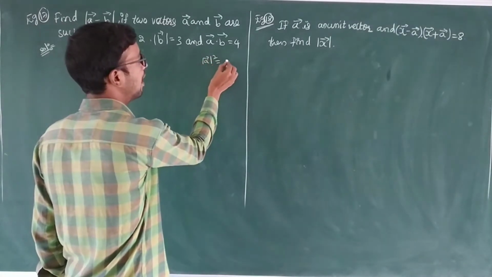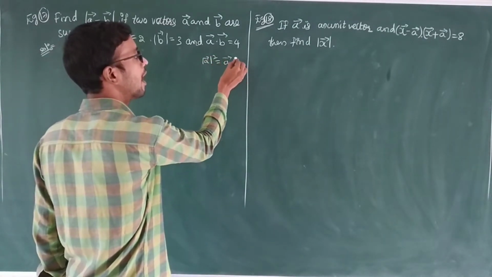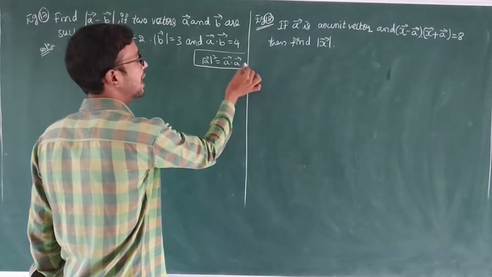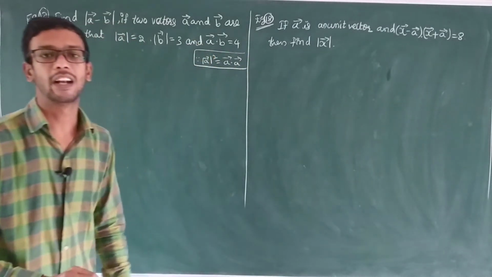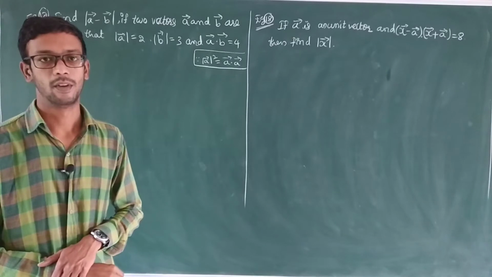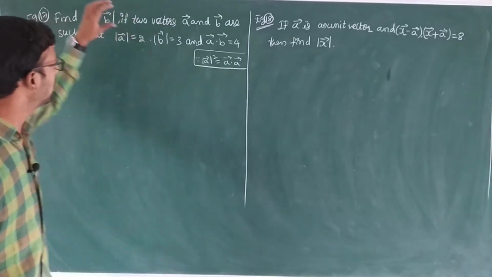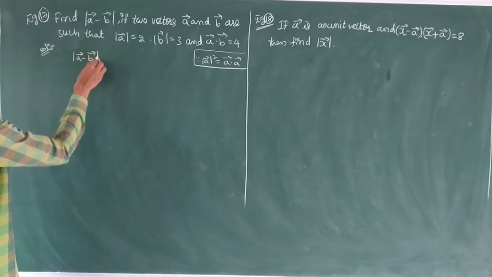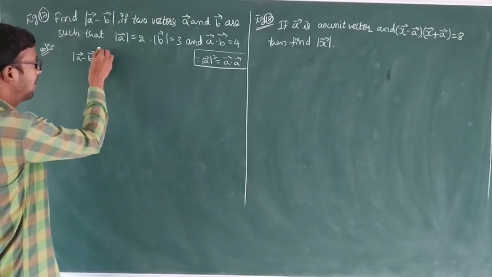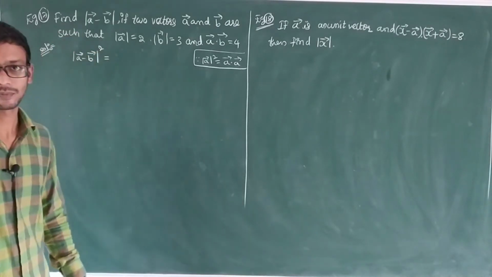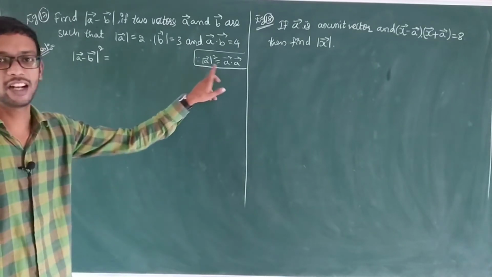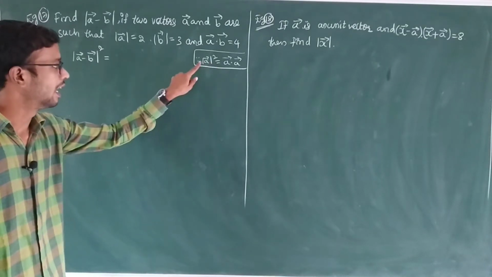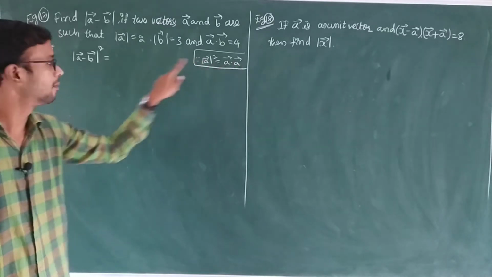Magnitude of A bar square is equal to A bar dot A bar. Based upon this only, we can continue this problem. For that purpose, I take here the question: magnitude of A bar minus B bar we have to find. I write for this one square. So what can we write by using this formula? A bar dot A bar. Here what is there?